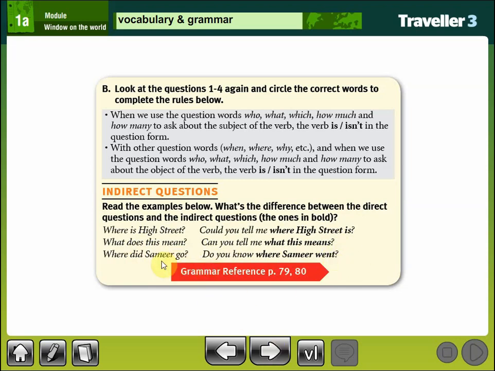So here we have a question form, verb then subject: is High Street, does this mean, did Samir go? And here we have the affirmative form, which is, let's say, the sentence form of this part of the question.